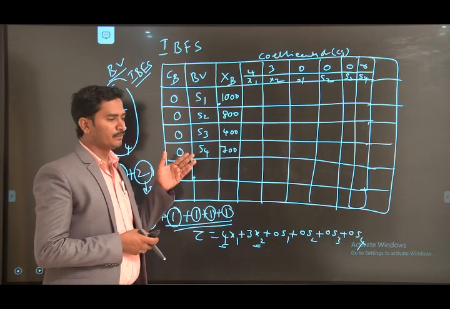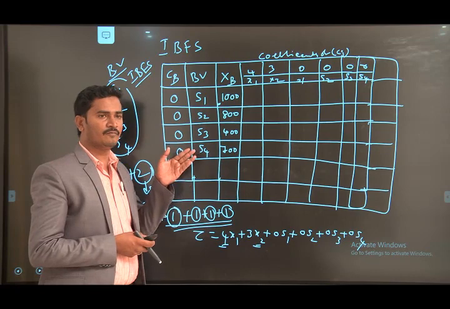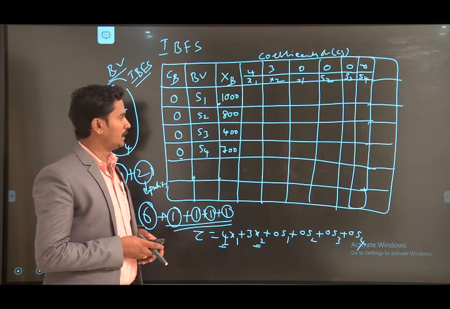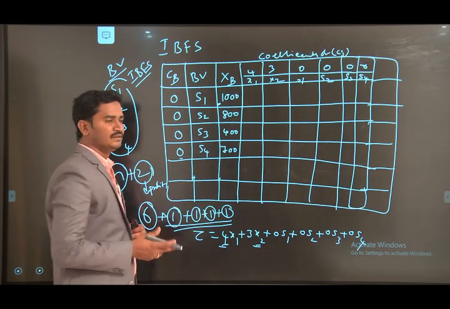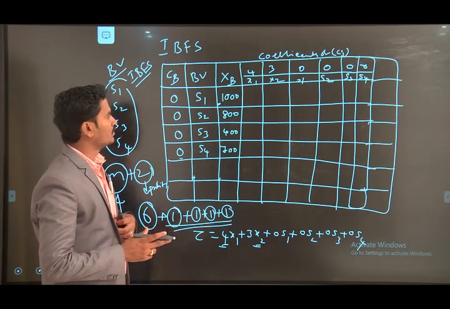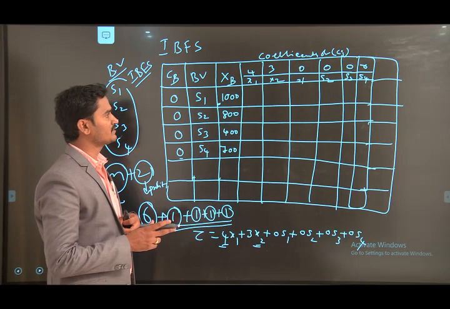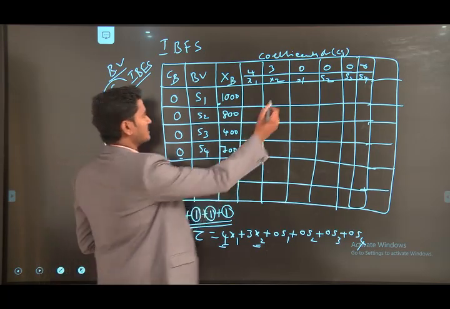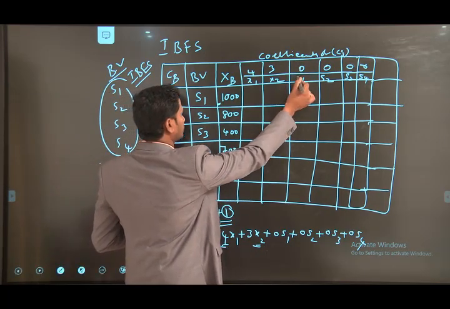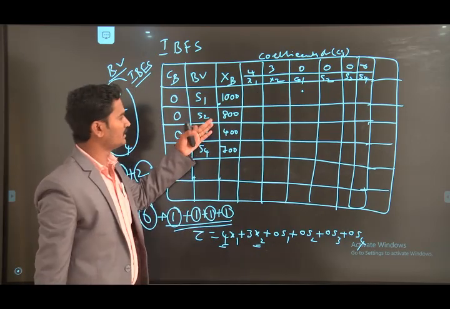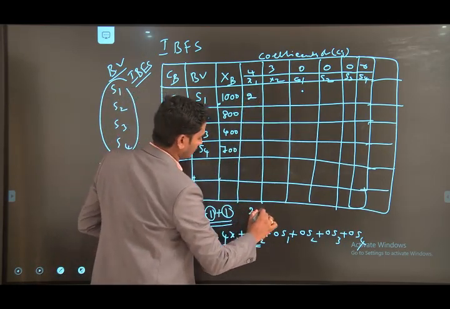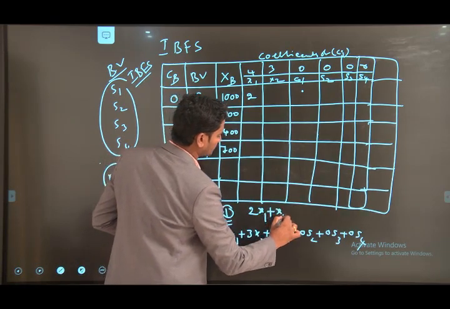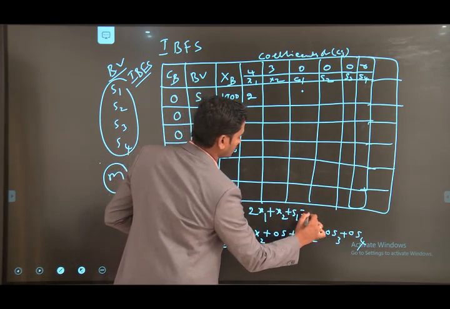In that, belt A requires twice the production time compared to belt B. It means the constraint is 2x1 plus x2 less than or equal to 1000. Already we converted this less than or equal to into equality by adding the slack variable s1. So here the coefficient value is 2. It means the constraint is 2x1 plus x2 plus s1 is equal to 1000.